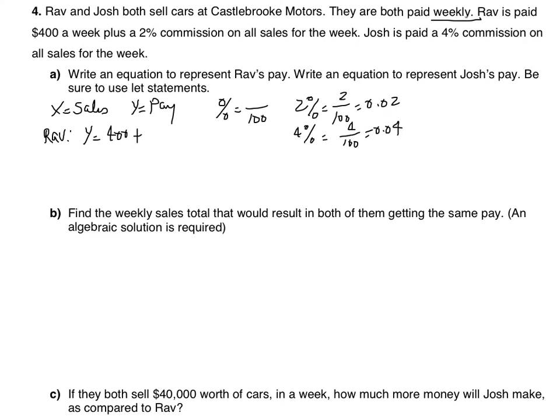So Rav's pay is 0.02 sales, which is X. On the other hand, Josh's pay Y is equal to only 4% of his sales, which is 0.04x.